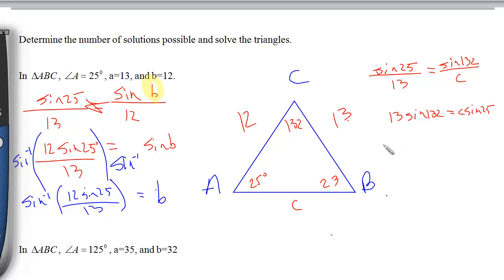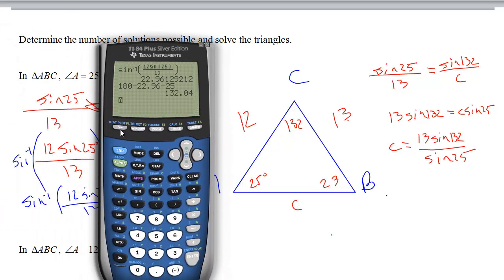We divide, and I get C equals 13 times the sine of 132 over the sine of 25. So we'll put that in here.